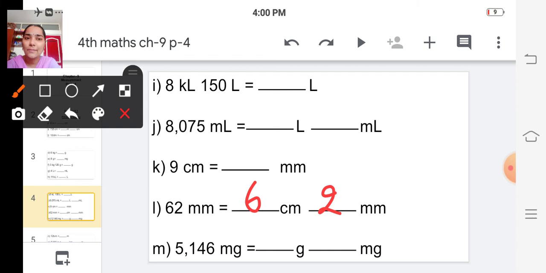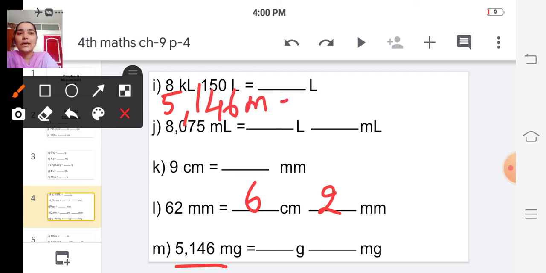The next one, 5146 milligram is equal to dash gram and dash milligram. We have to split this 5146 milligram, right?